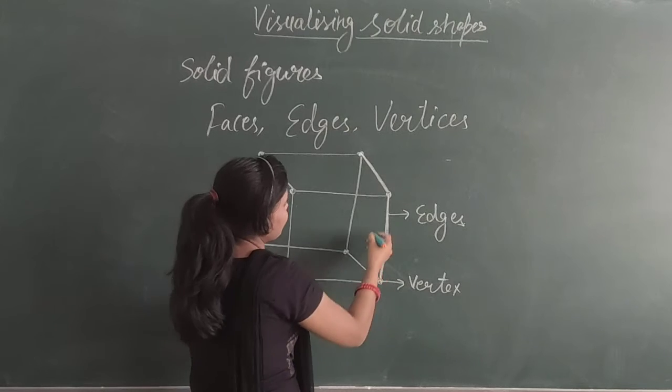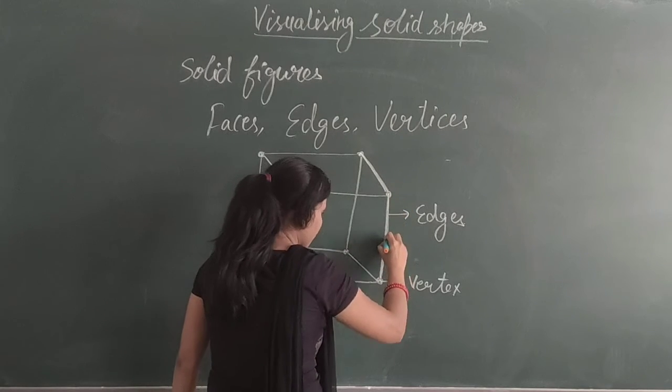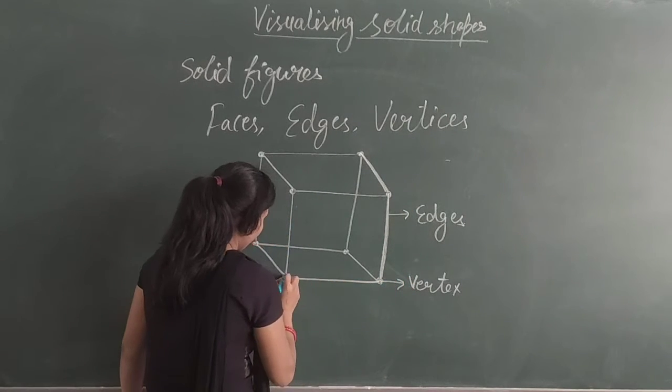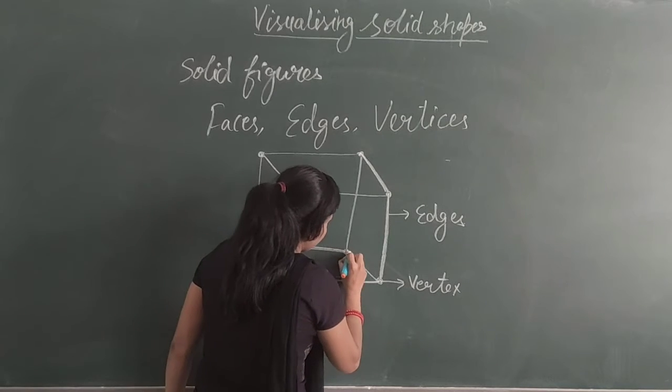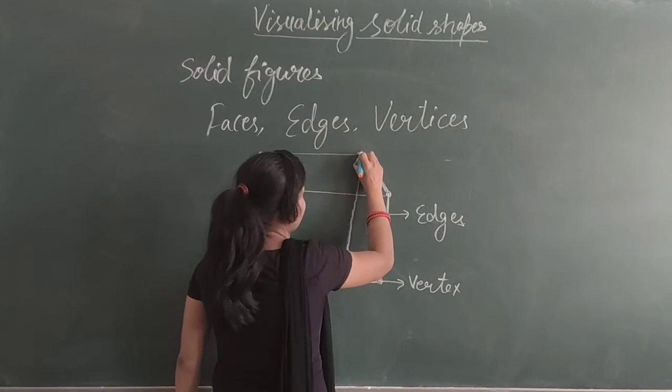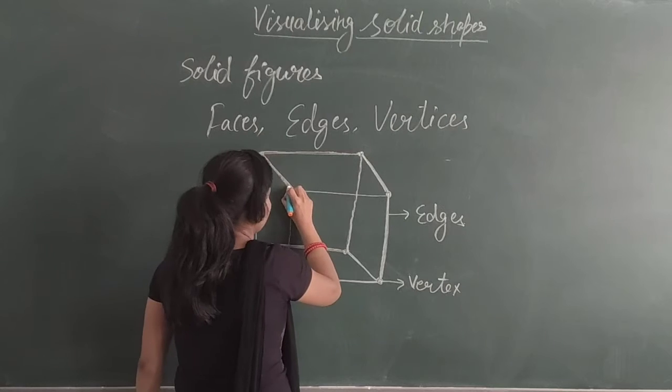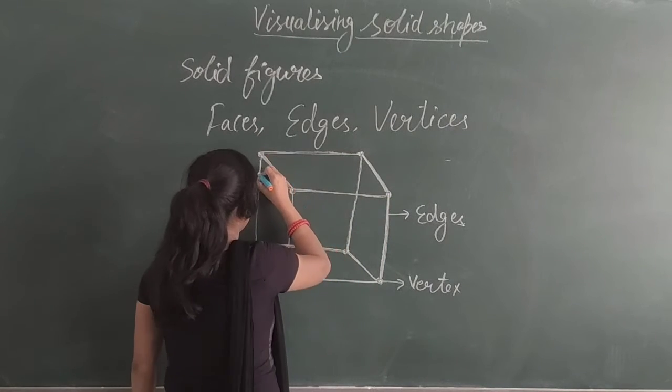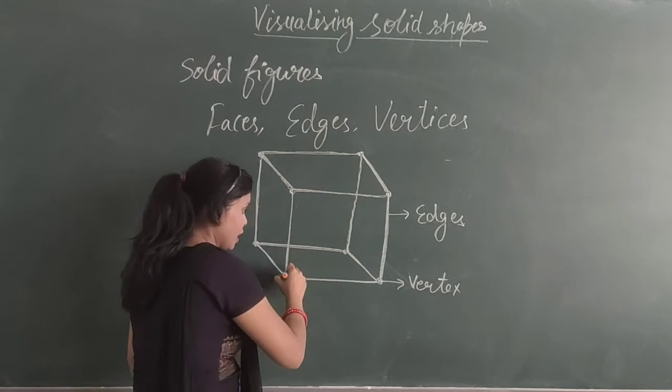So this figure has 1, 2, 3, 4, 5, 6, 7, 8, 9, 10, 11 and 12 edges.